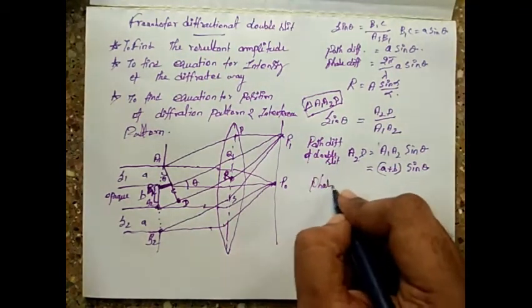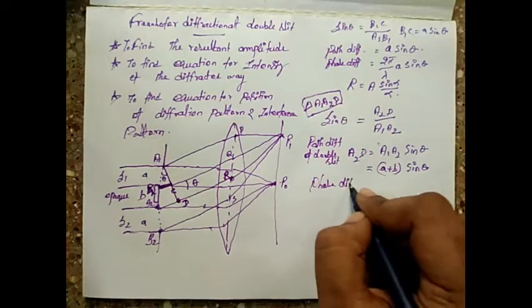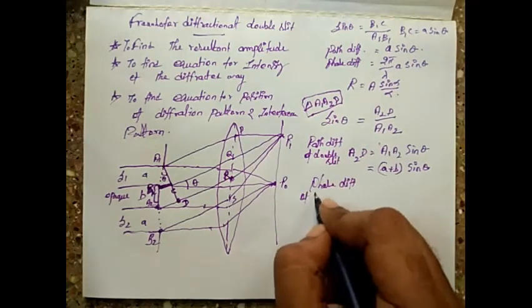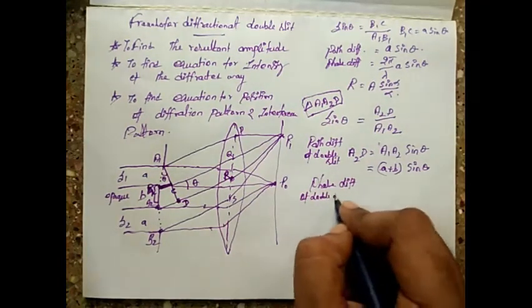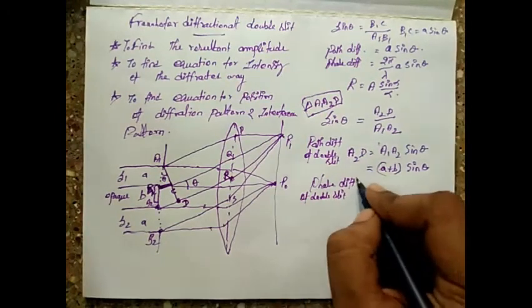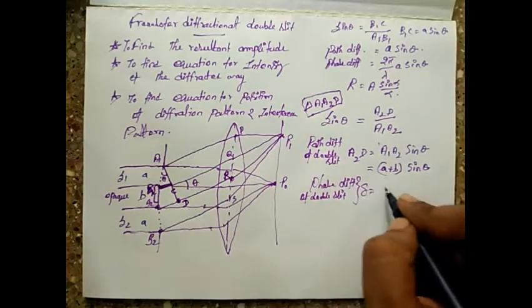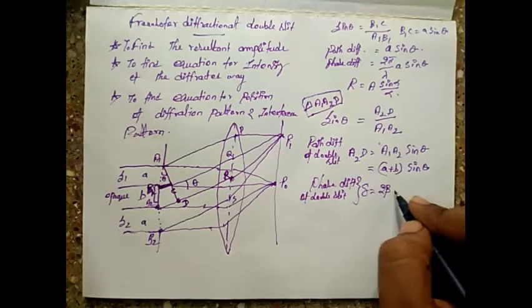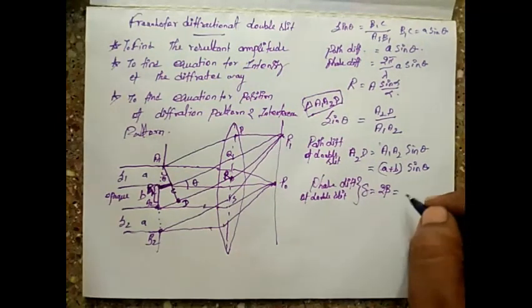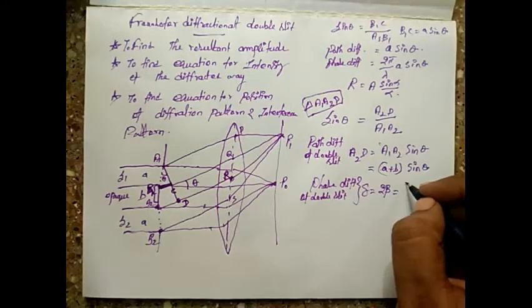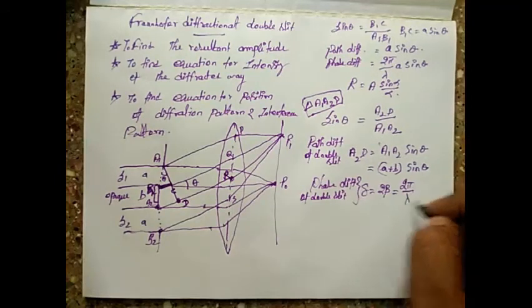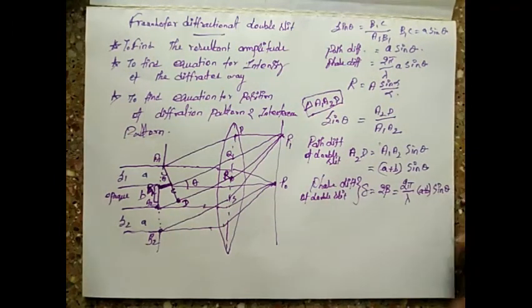Once again, the phase difference of the double slit, delta, which can be considered as 2 beta, is equal to 2 pi by lambda times A plus B sin theta.